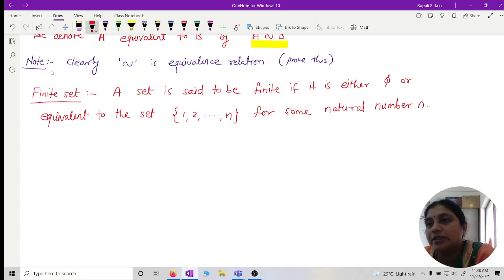Can you give me an example of any finite set? The set of positive integers.